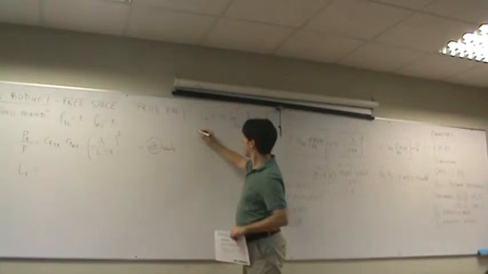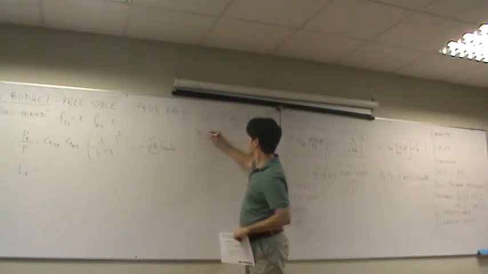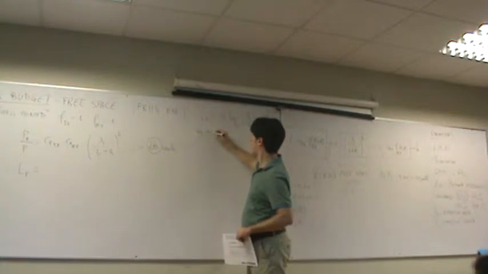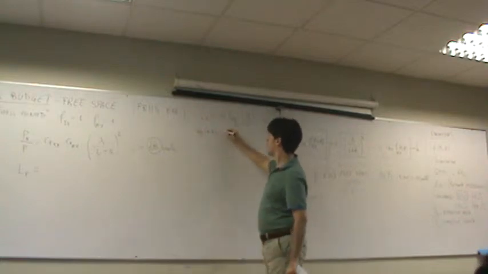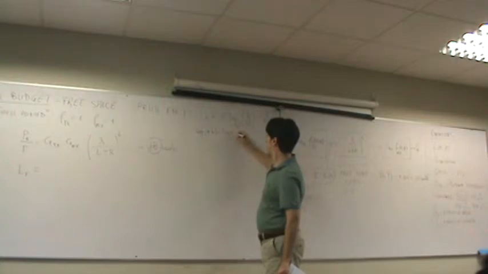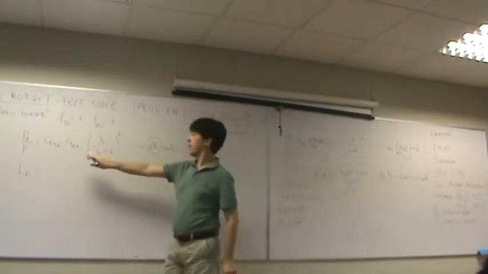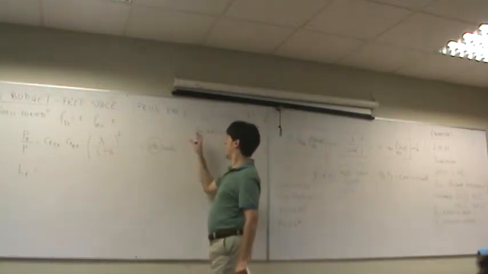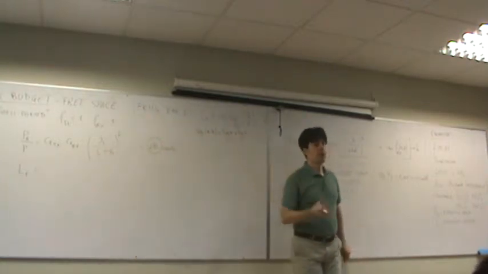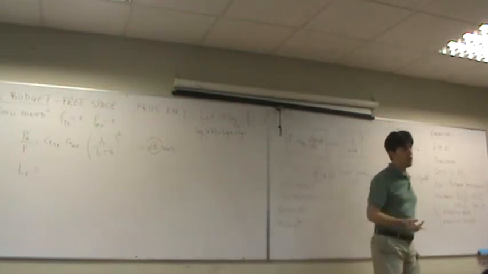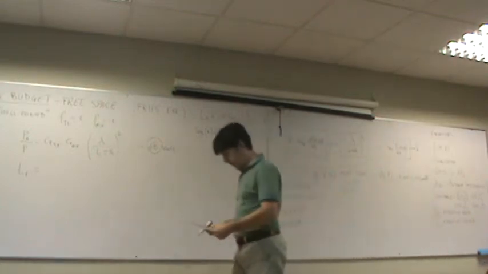Please remember that the logarithm of A times B is equal to log A plus log B. So all those products become a summation. That's also one of the advantages of the logarithmic scale.